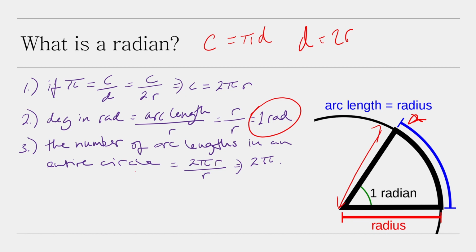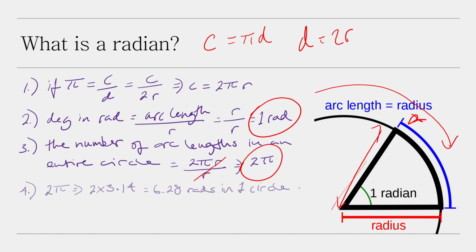So in an entire circle, the number of radians is going to be 2 pi r over r, where r is the radius, and 2 pi r is the arc length, but in this case it's the entire circumference. If we divide through by r, we see that the number of arc lengths in an entire circle is equal to 2 pi.